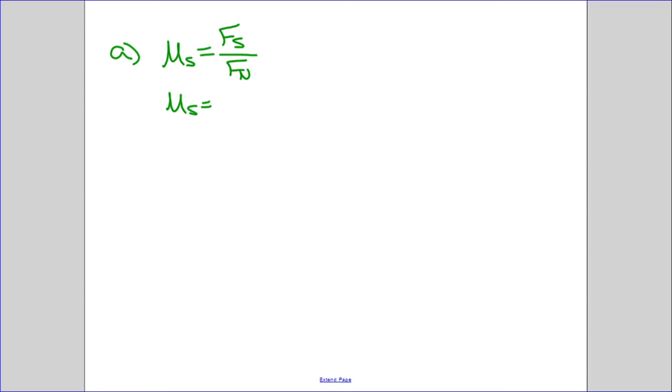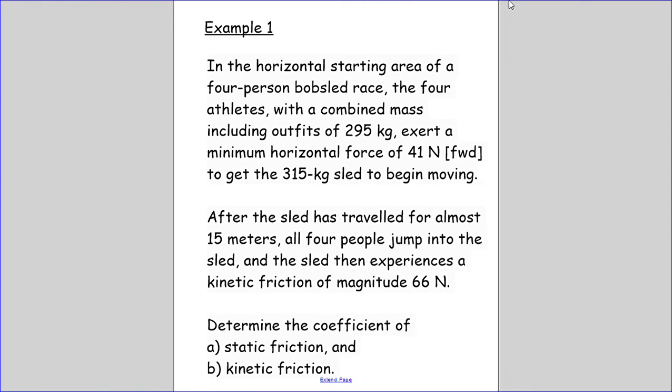So I have these people that are pushing this sled, right? So I have a sled, but I have 4 people that are not in it yet. It's a horizontal problem, and it says that they take 41 newtons. If we go back and take a look at it, it takes a minimum horizontal force of 41 newtons to move it.